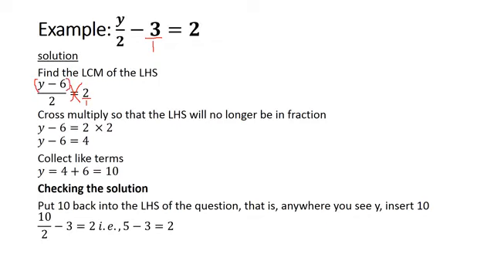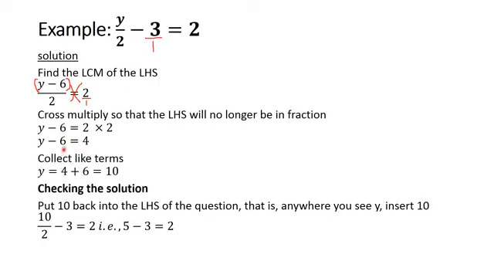Anything multiplied by 1 will still remain that thing. That is why we are still having y minus, anything multiplied by 1 is still going to have the same thing. That is why I have y minus 6. So 2 times 2, we have 4.